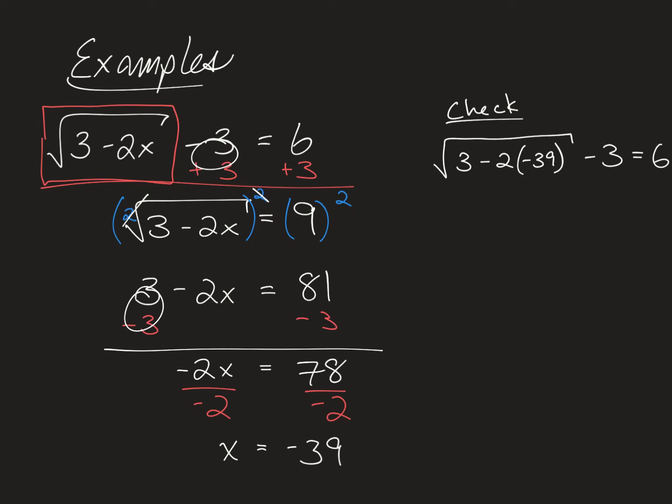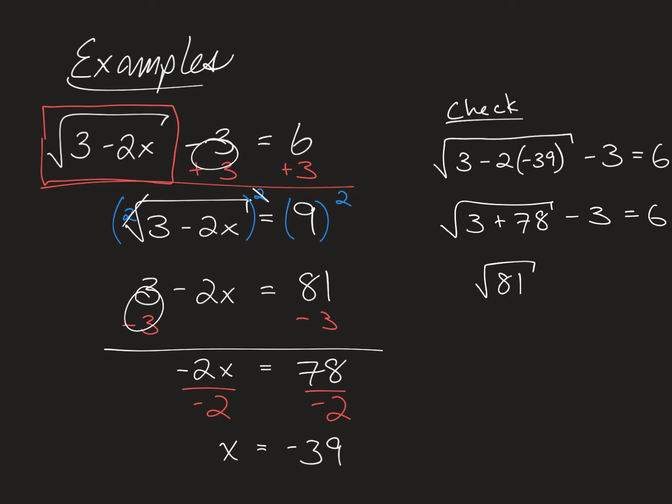To make this as quick as possible, negative 2 times a negative 39 is 78. So in the radical now, we have 3 plus 78, because a negative times a negative is positive. Minus 3 equals 6. All right, 3 plus 78 is 81.